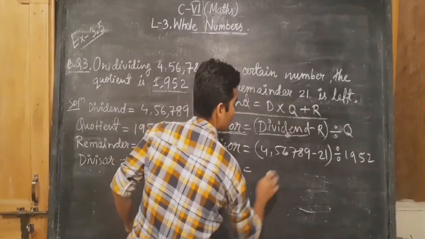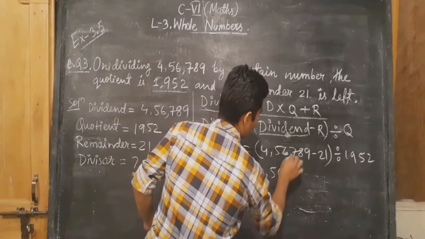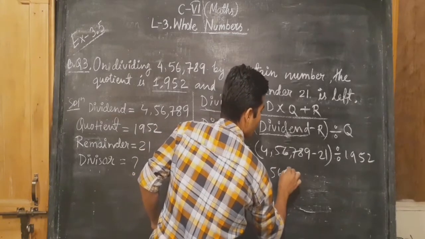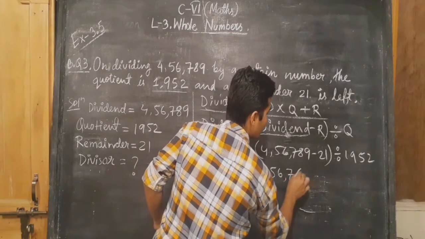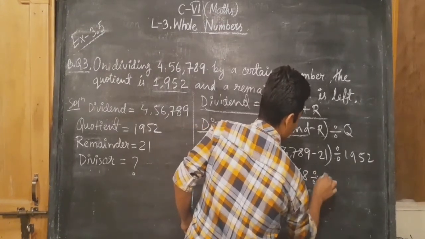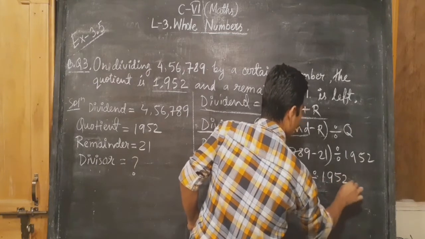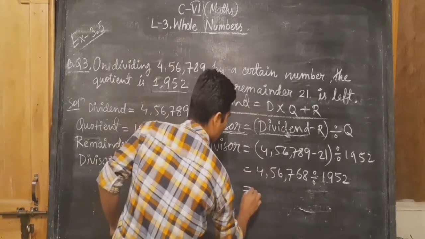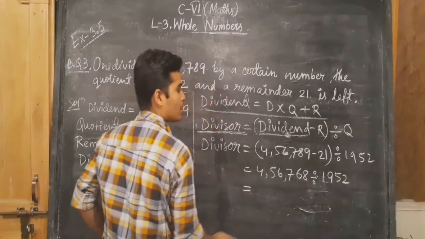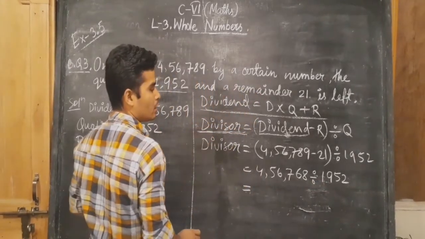Now if I will subtract 21 from this number, I will get 4,56,768, and this I must divide it by 1952. So now if we will divide this number by this quotient, then we will get divisor.